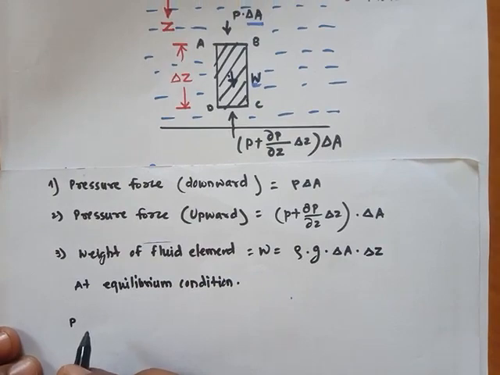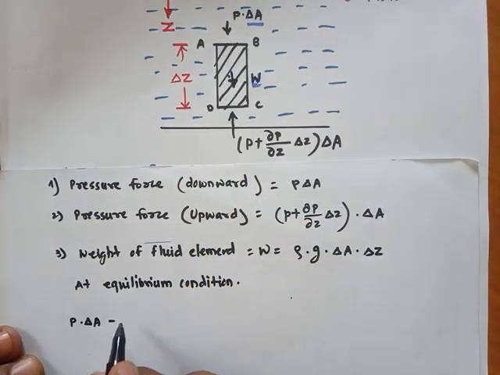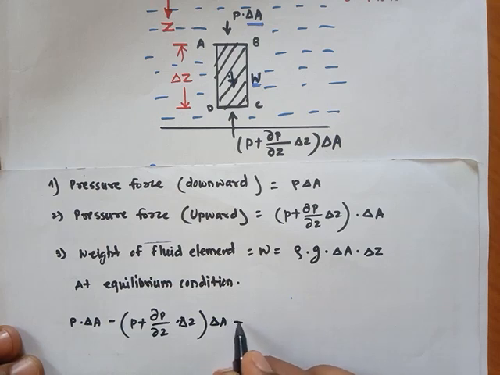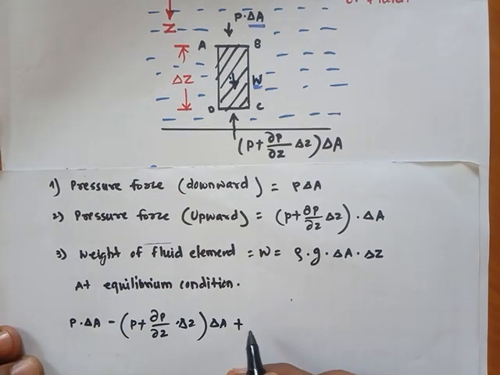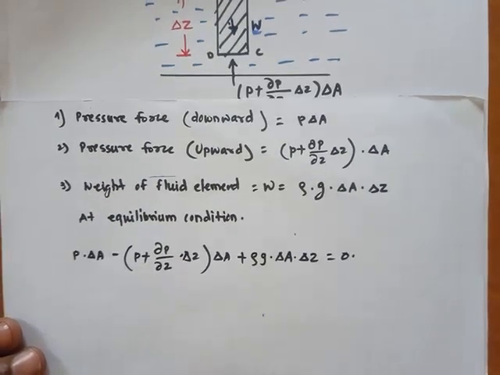Downward force we consider as positive: P multiplied with A, minus the force in the upward direction, P plus delta P by delta Z multiplied with dz, multiplied with area, plus the weight, which is in the downward direction, that's why it is positive, rho g area multiplied with delta Z, is equal to 0.